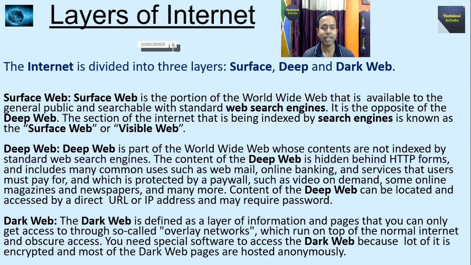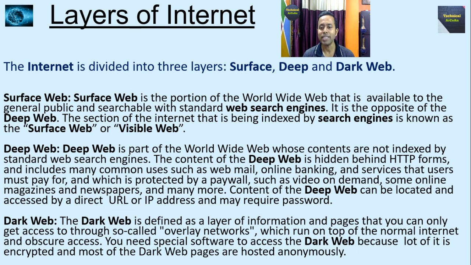Okay, and the next layer is the deep web. Deep web is the part of the World Wide Web whose contents are not indexed by standard web search engines. Okay, the content of the deep web is hidden behind HTTP forms and includes many common uses such as webmail, online banking and services that users must pay for and which is protected by a paywall.